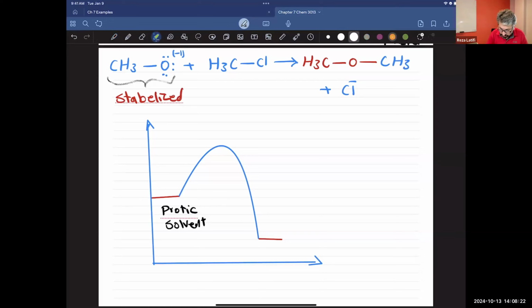If this is the level of the reactant, then for a protic solvent the level is going to be here, and this one for an aprotic solvent.